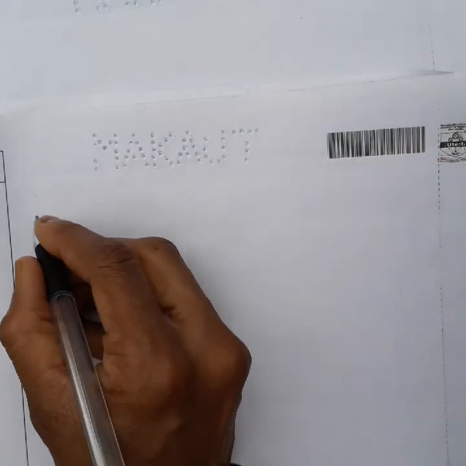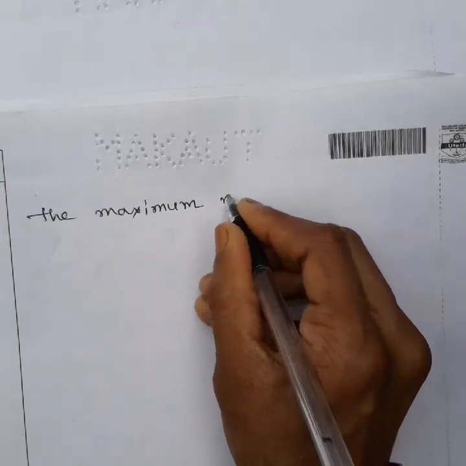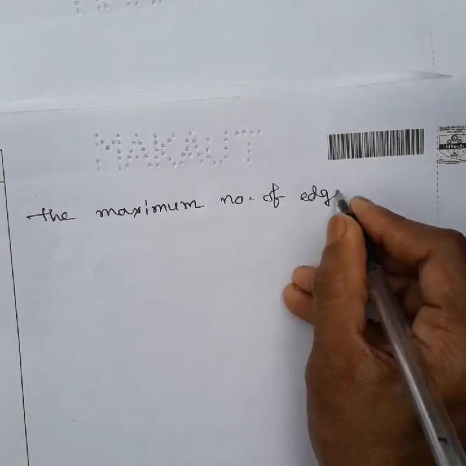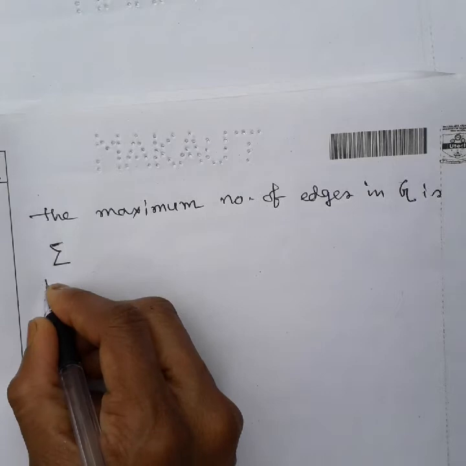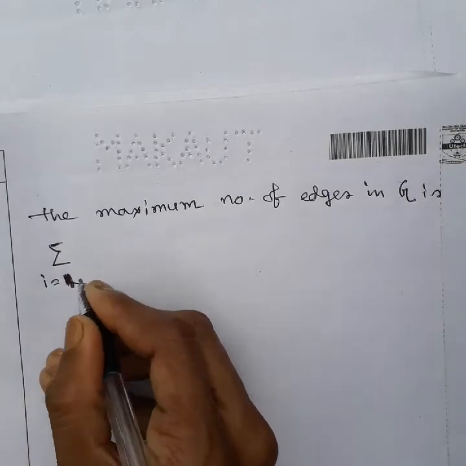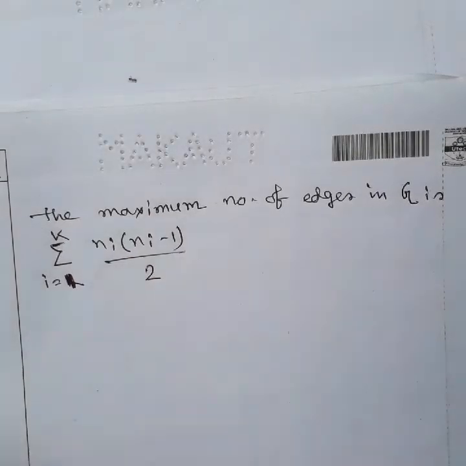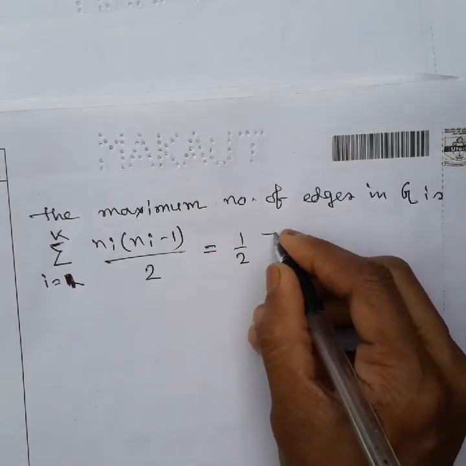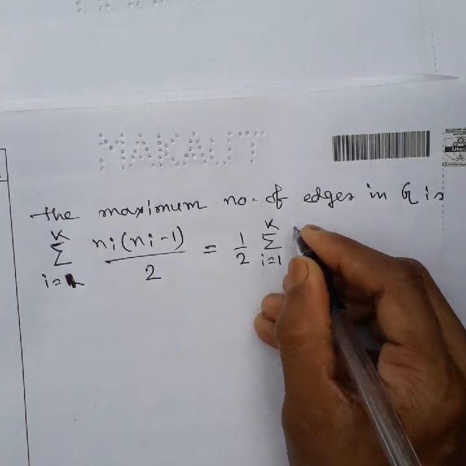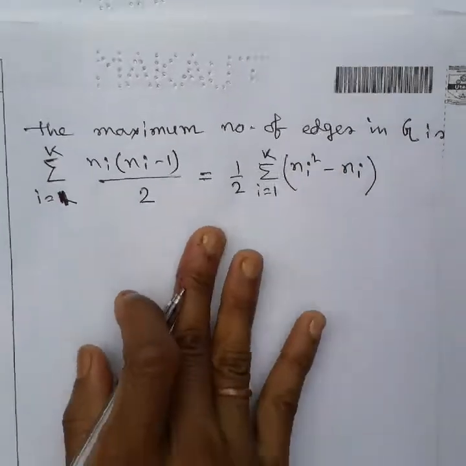Okay, so the maximum number of edges in G is summation of i equals 1 to k of ni into ni minus 1 by 2. Okay, so this is equal to half into summation of i equals 1 to k of ni square minus ni.